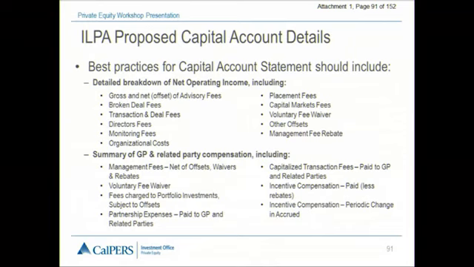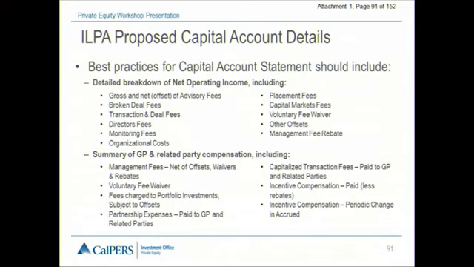We're currently in the comment period where general partners are giving their input as to how excited they would be to comply with this level of detail. But we expect that there will be enough momentum behind this from CalPERS and other large LPs that general partners will abide by these proposals and start giving us this level of disclosure.